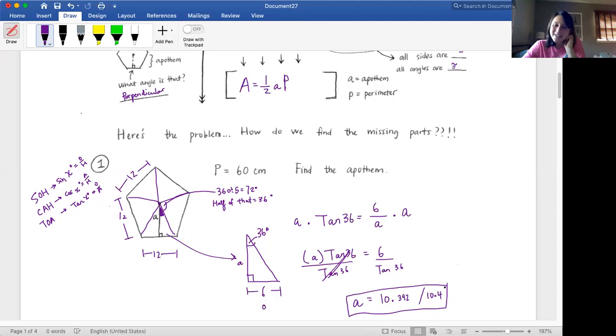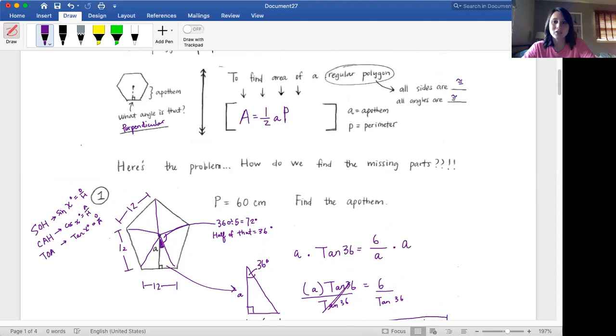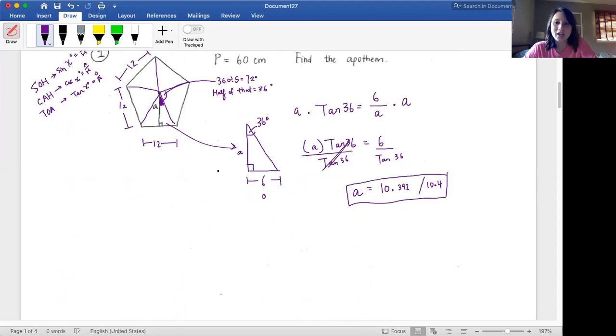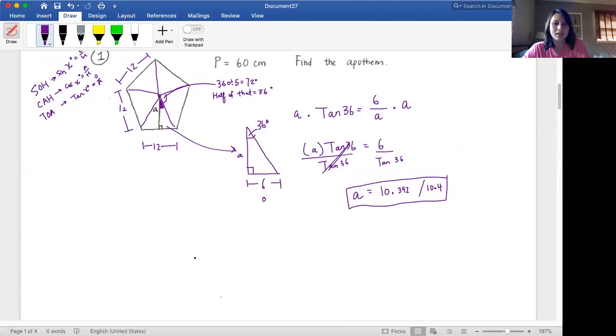All right, now that you have the apothem, you can plug the rest of the information into your equation and find the area. Area equals 1/2 times 10.4 times the perimeter, which is 60, and that was given to us.